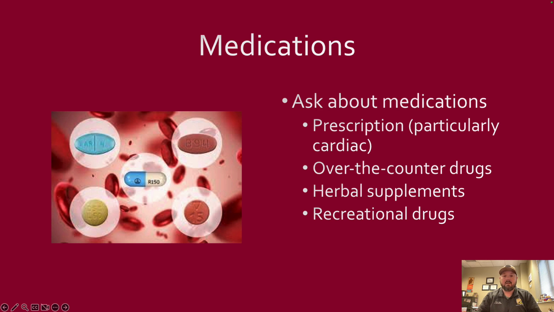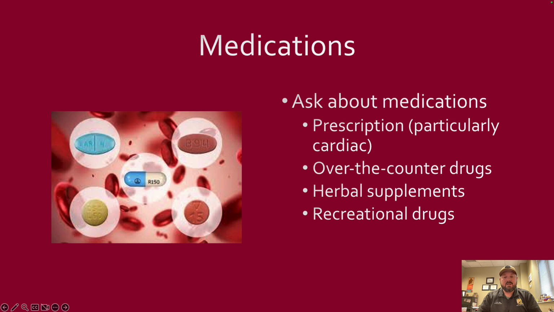Also ask about non-cardiac medications. You do want to find out if you're treating a patient for ACS, if they are currently on something like a phosphodiesterase inhibitor, commonly known as Viagra, Cialis, or Levitra. The generic names for Viagra is sildenafil, for Cialis is tadalafil, and for Levitra is vardenafil.